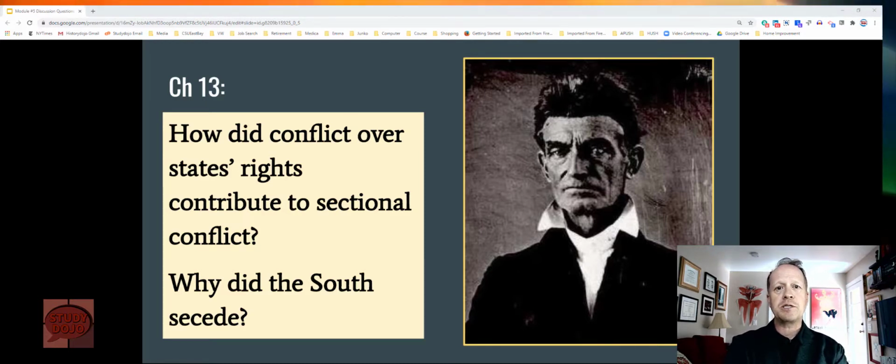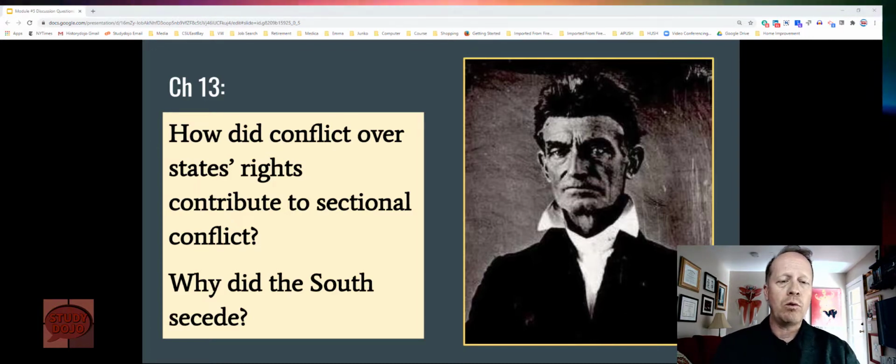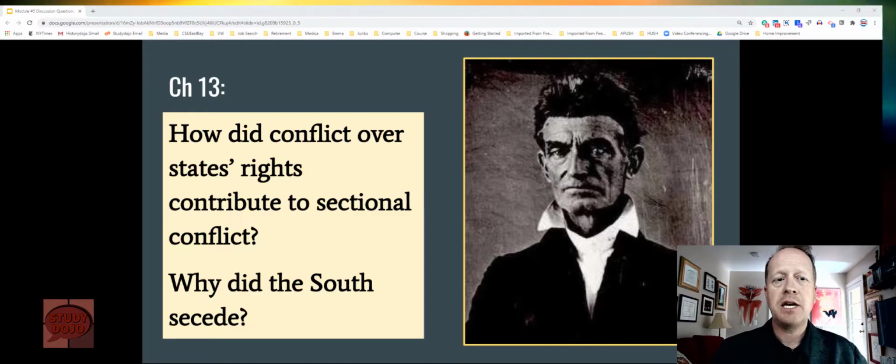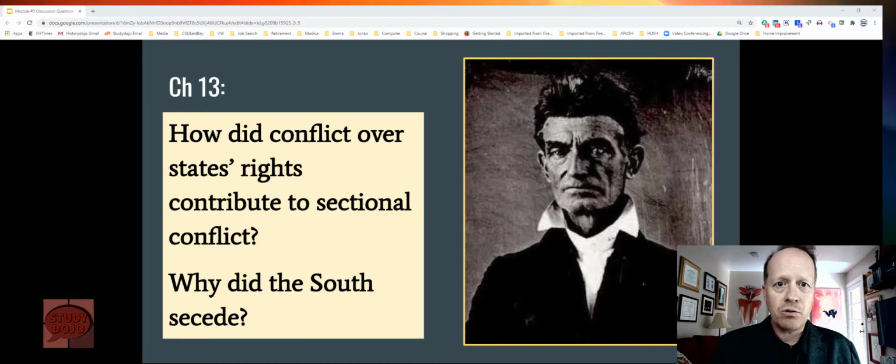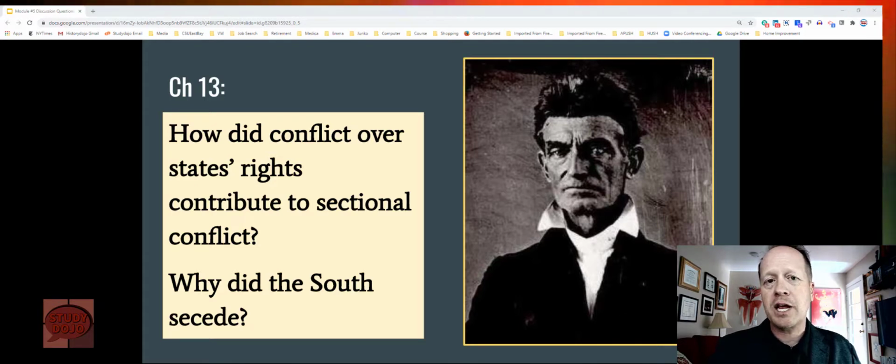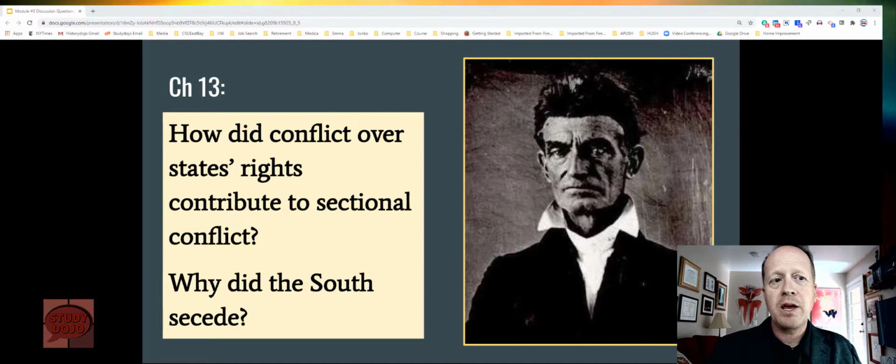13, the sectional crisis, are: how did conflict over states' rights contribute to sectional conflict? As the country expanded more and more, what we're seeing is that the right of a certain state to be a free territory or to have slaves became one that impacted all the other states more and more in the 1850s.